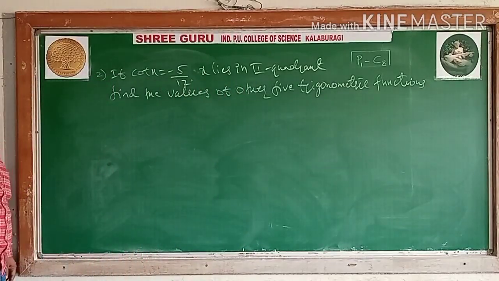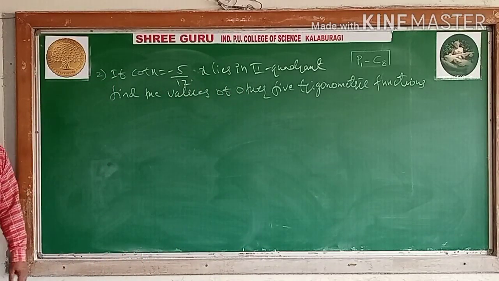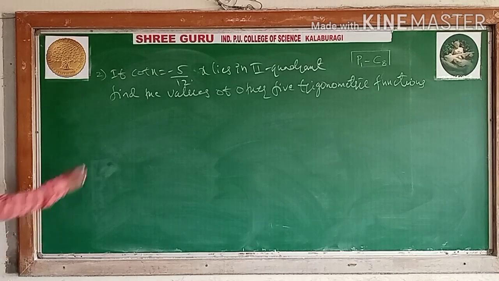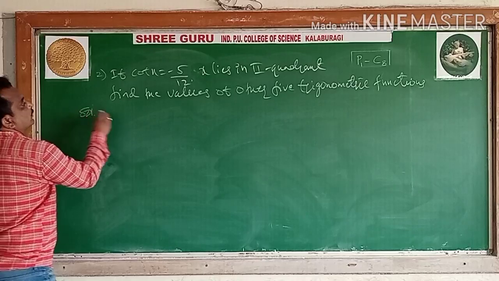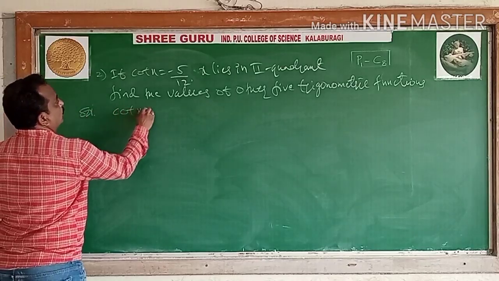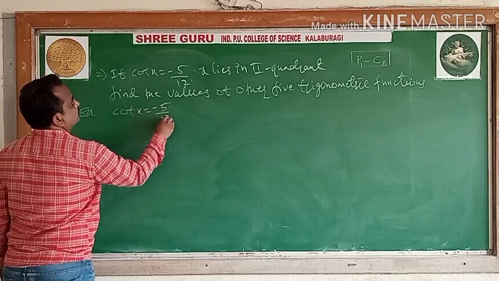I will go for both the methods, then you will calculate yourself by using any one of the methods. See what the question is here, students. Cot x is given here. You have to find the remaining other 5 trigonometric functions. Solution. Cot x equals minus 5 by 12.